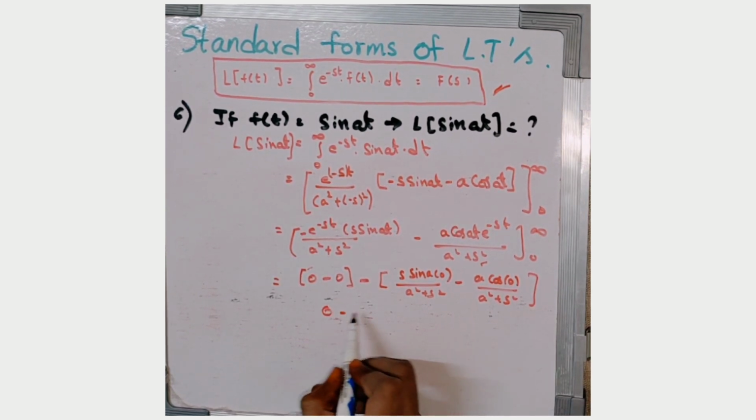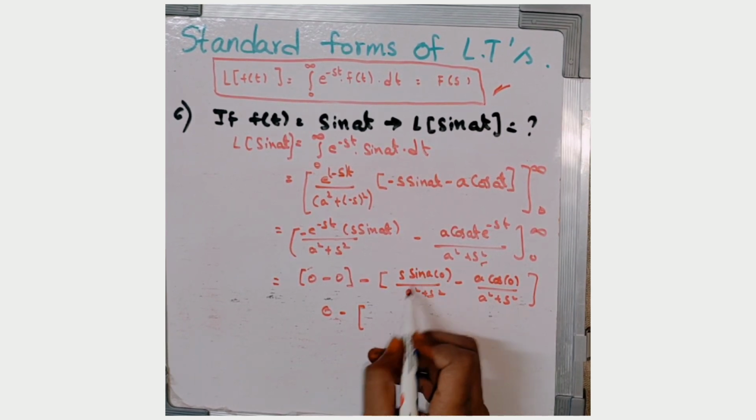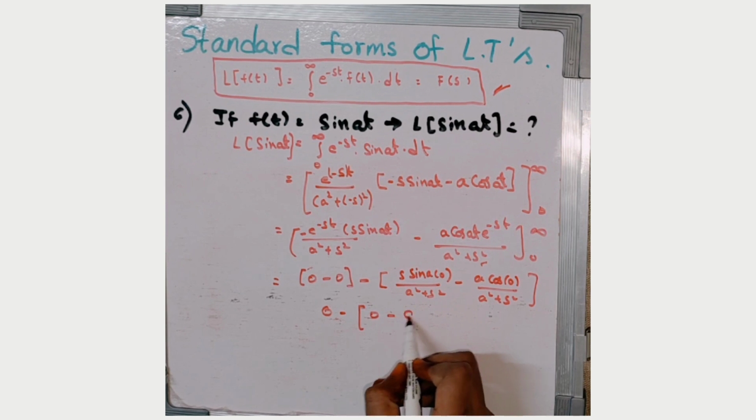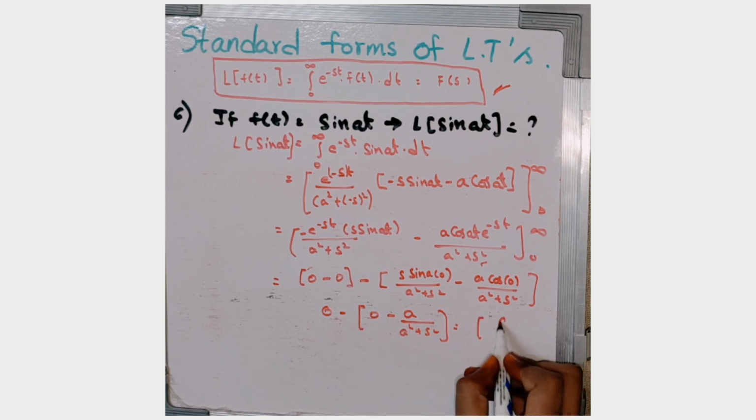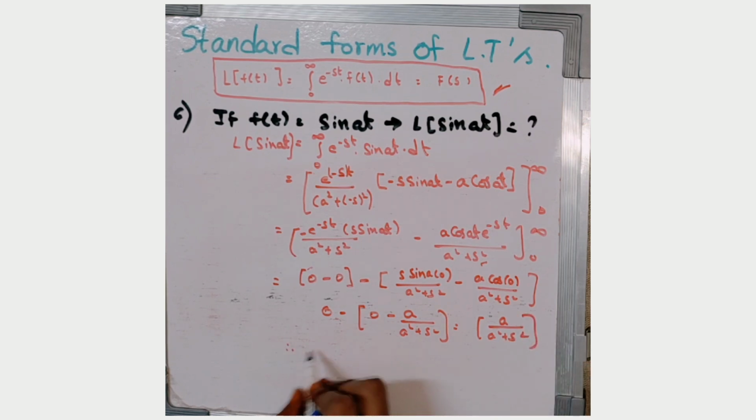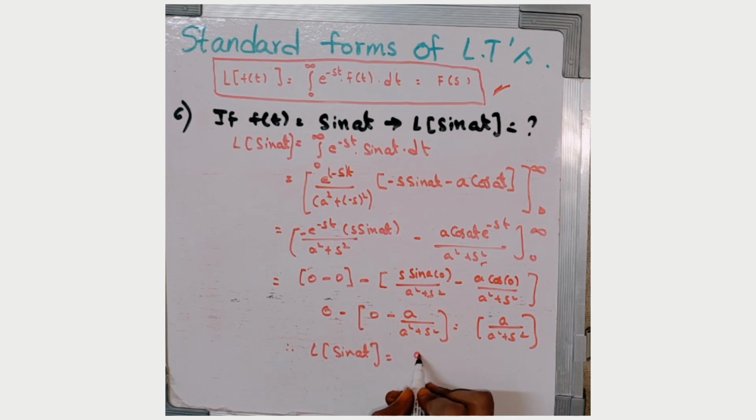So this will become 0 minus sine 0 is 0, this whole thing will become 0 minus a into cos 0 is 1 by a square plus s square, which is minus of minus will become plus a by a square plus s square. Therefore the Laplace transform of sine at will be a by s square plus a square.